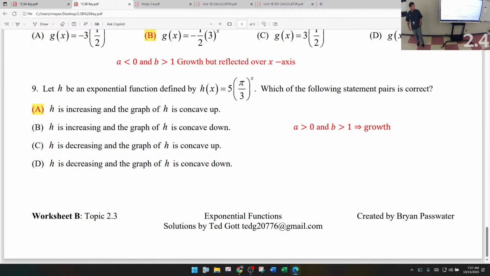Absolutely. That one's a growth just barely, because 3.14 is bigger than 3. It will never be negative. I think I mentioned that because you can't have a negative base to an exponent that's a variable, because it just makes things really, really weird.